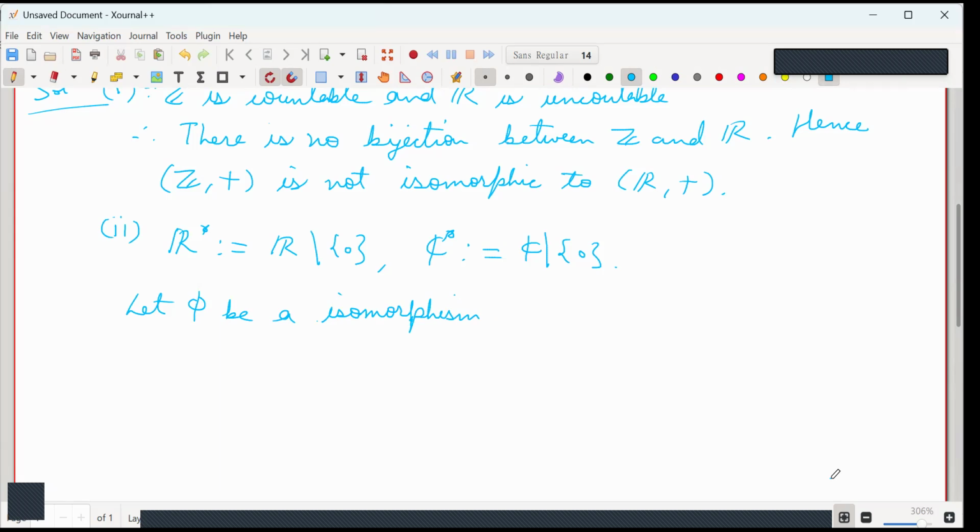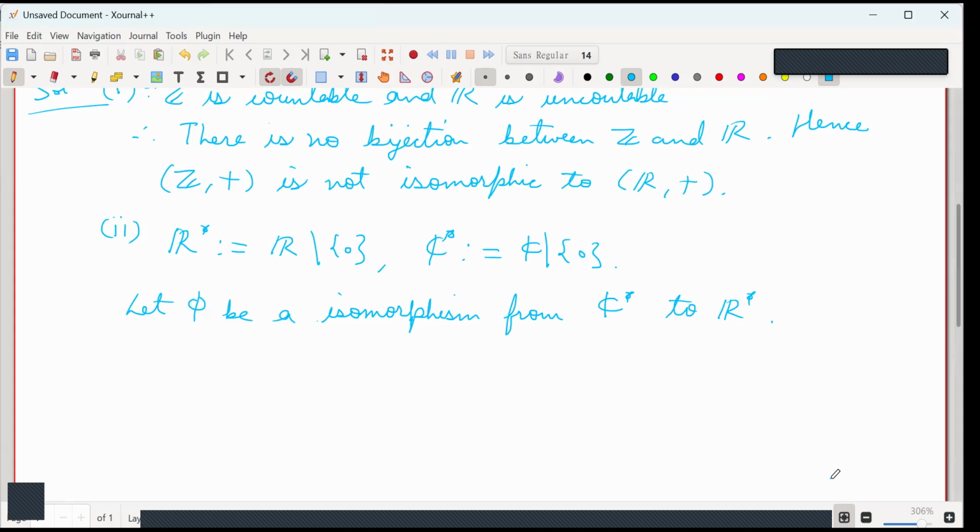Because we can simply map everything to identity. So the contradiction will come when we assume it's an isomorphism. So let phi be an isomorphism from C star to R star, right?